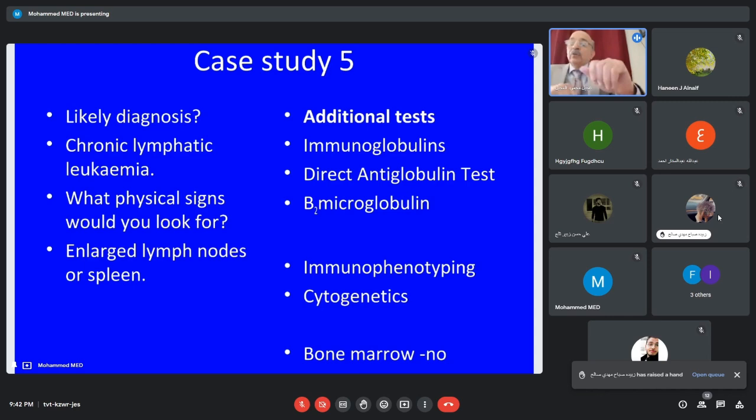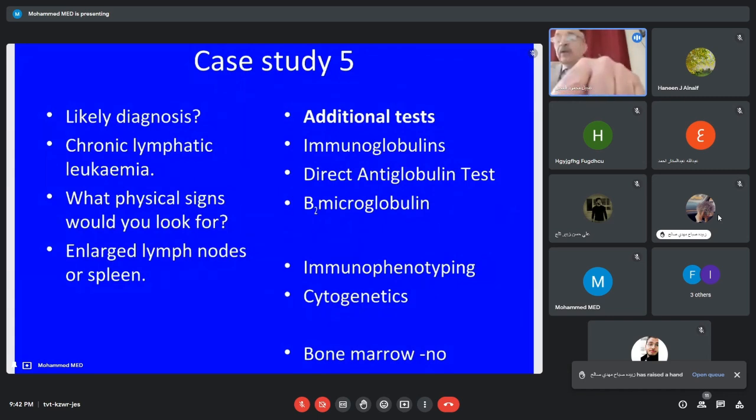What additional tests will you do? I'll do immunoglobulins, direct antiglobulin test, beta-2 microglobulin, phenotyping, cytogenetics, and sometimes you do bone marrow as well. But bone marrow is not always necessary in chronic lymphocytic leukemia.